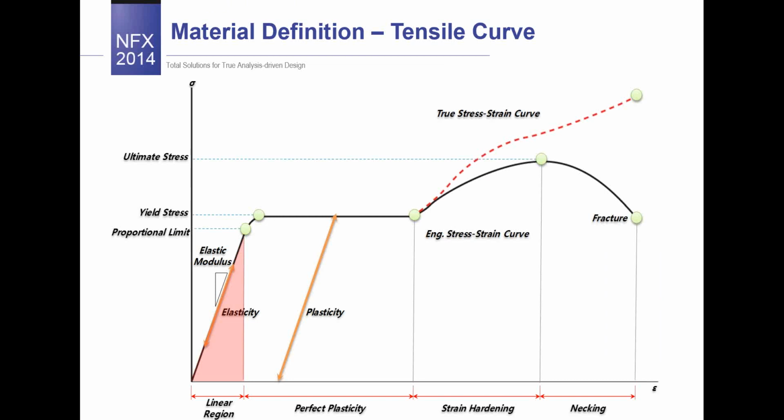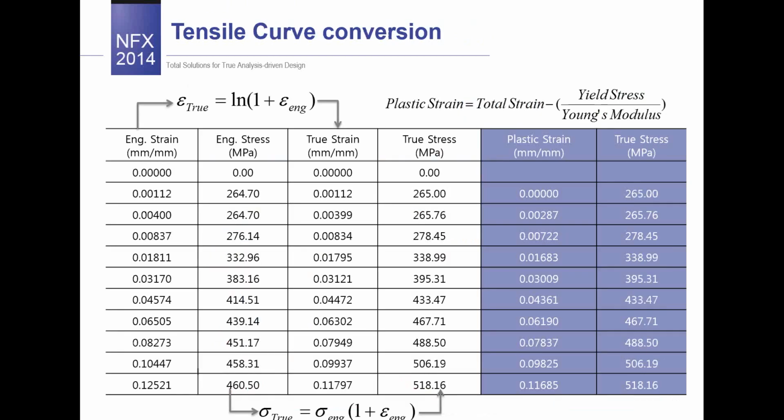You also have to remember that the most popular material stress-strain data are provided as engineering data. The curve in black color represents the engineering curve, but for the simulation, the more valid approach is to input the true stress-strain data. So how to create the true stress-strain curve?